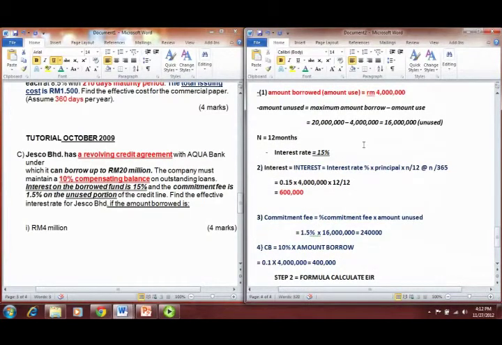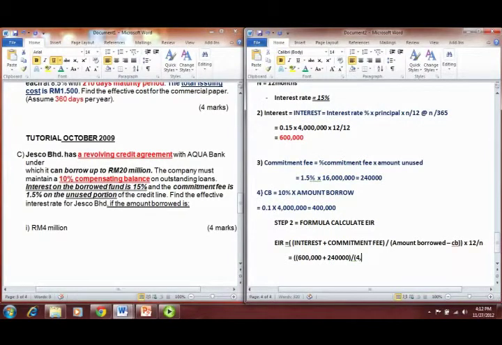You can see from the same step 1, 4 million. So you put 4 million, minus your CB 400,000. Then you need to multiply by 12 divided by N. As I told you, when the question does not give you any time period, we assume it is 12 months.